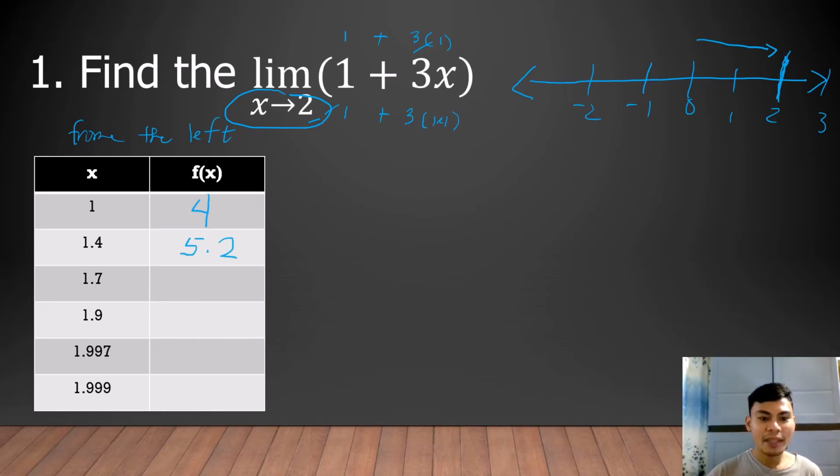If 1.7, it's 6.1. If 1.9, 6.7. If 1.997, 6.991. If 1.9999, 6.9997.